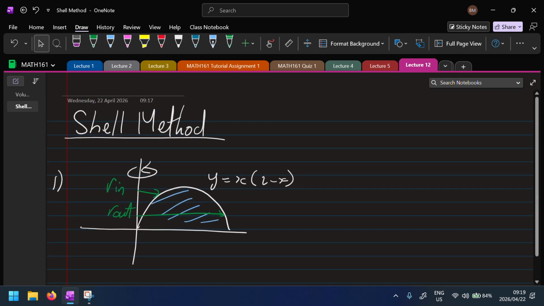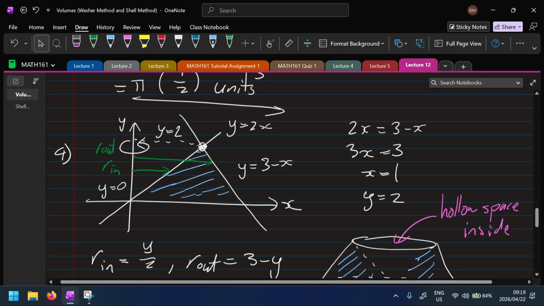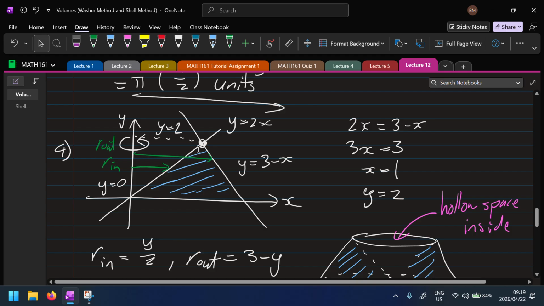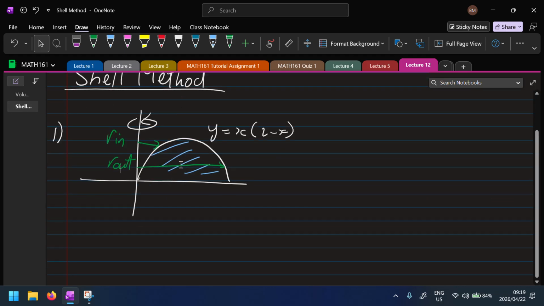So in these cases over here, it was pretty easy. We had y equals 3 minus x. We just solved for x. Quite easy to do. Over here, not so much. Finding those x values is a little bit more difficult. Sometimes it's actually impossible because the function's not invertible.